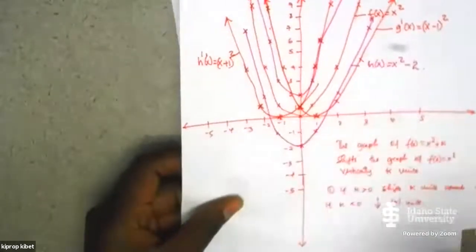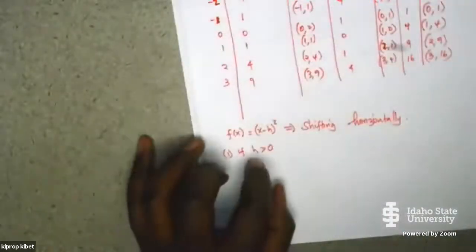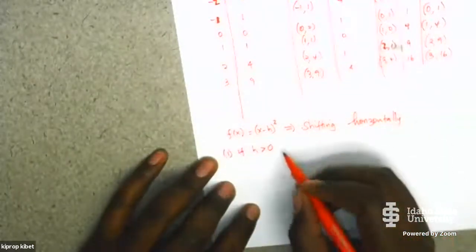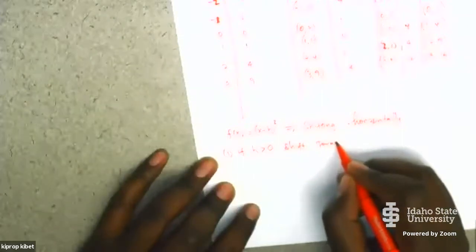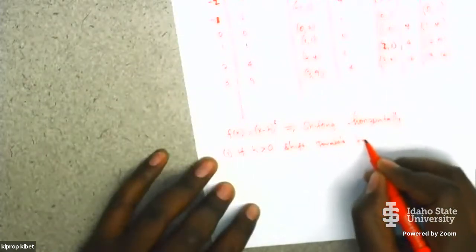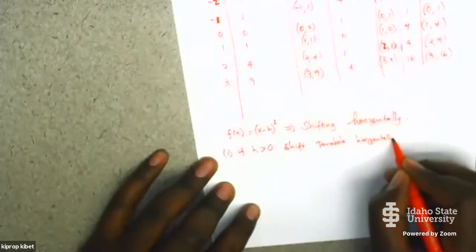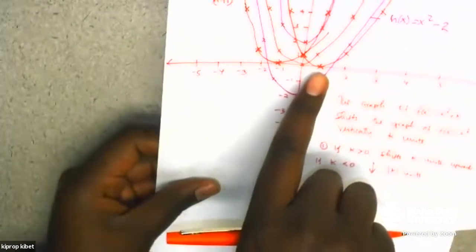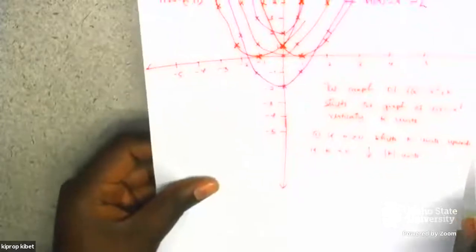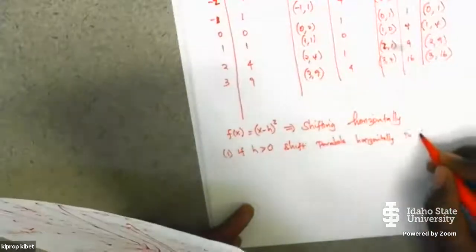So if this h is positive, then this parabola is shifting horizontally to the right.